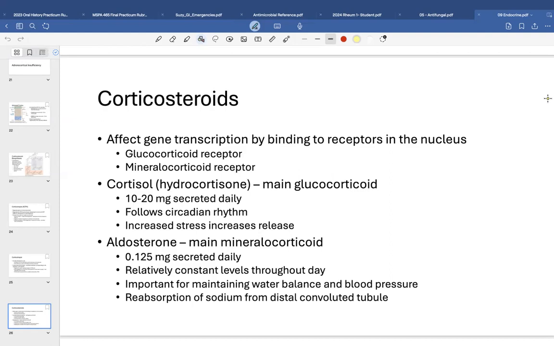So there are nuclear receptors that will then increase the production of certain proteins as a result. So there's a glucocorticoid receptor and a mineralocorticoid receptor.